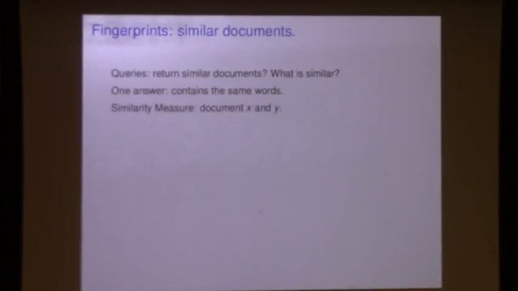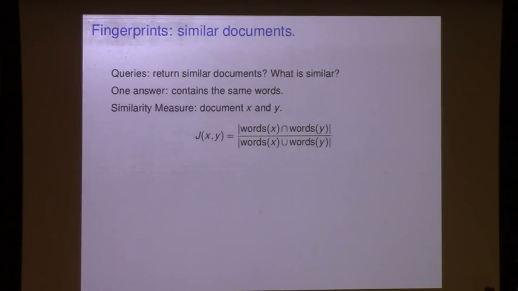So a similarity measure for document X and document Y, they both contain words, right? If they have a lot of words in common, the numerator here is the words in common, and the denominator is the words in the union. If they're the same document, what would this number be? It's a number between 0 and 1, right? The intersection of these two things is always less than the union.